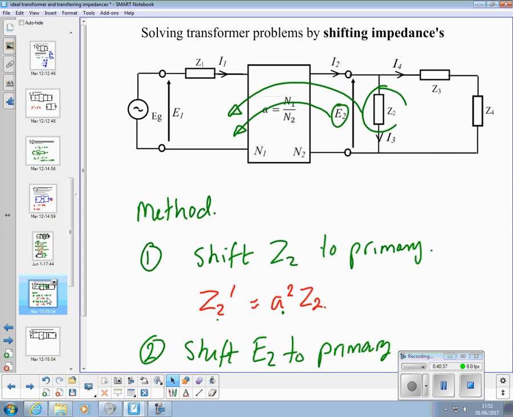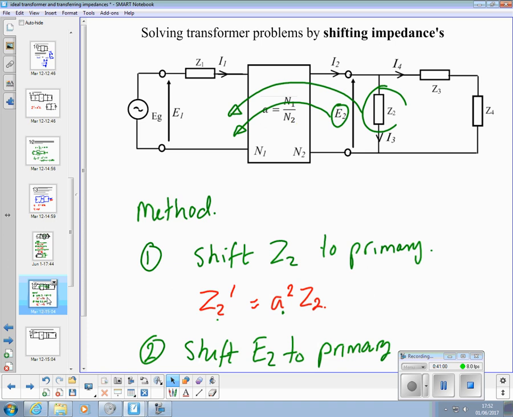So you saw the principle there, because you calculate Z2 dash is equal to A squared times Z2, 125 ohms. The secondary transferred to the primary side, A times E2.